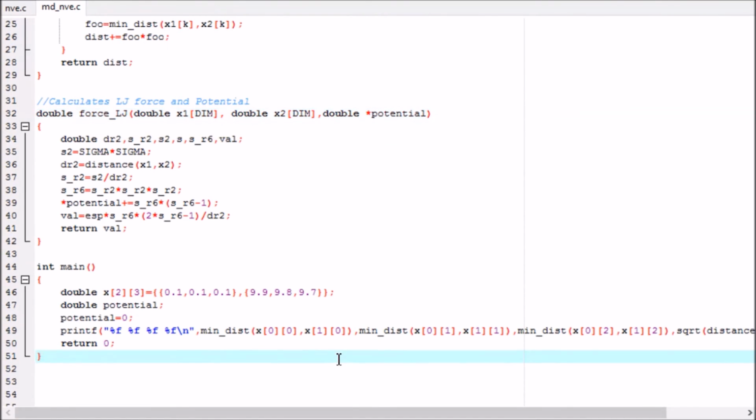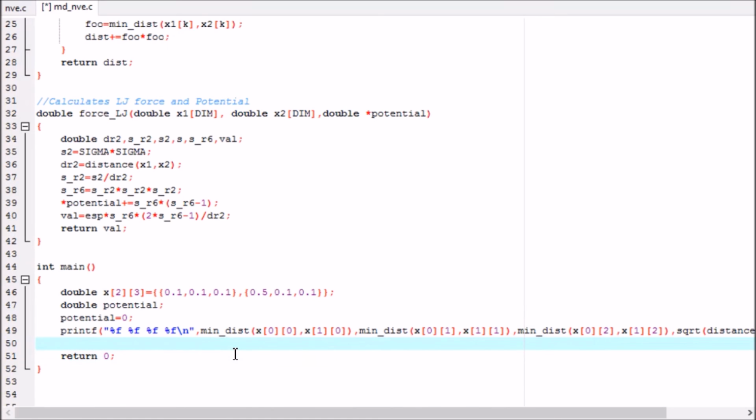For the force function, we would do a simple case, so we would just keep it one dimensional. So the difference between 0.1 and 0.5 is 0.4, and we'll keep the rest same in x, y and z coordinate. We can find the distance, but we don't need to.